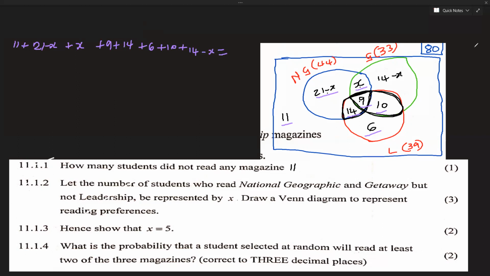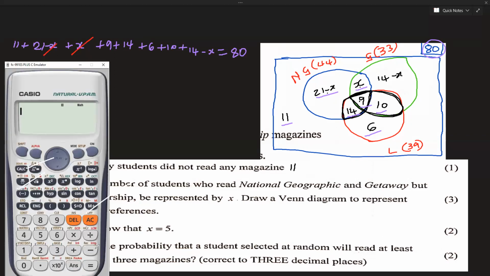I have to get the total sample space, which is 188. Perfect. And then I can see that, okay, here, this x is minus is going to cancel with that x, right? Now I'm quickly going to take my calculator to see how much these numbers add up to.